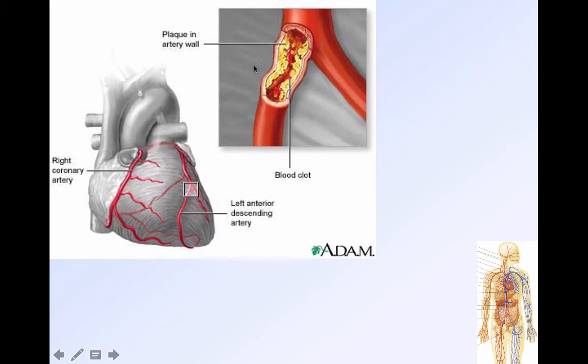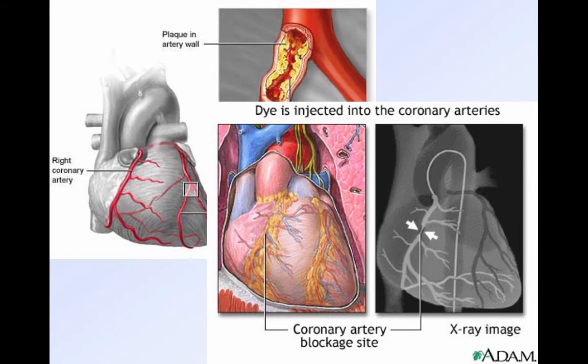And you might wonder how it is that we can tell when somebody has the buildup of that plaque there. And again, the first thing that we do is we do a stress test. And if we find ST segment depression or other indicators that the person's heart is not getting enough oxygen, then what we're going to do is we're going to go in there and we're going to look at it.